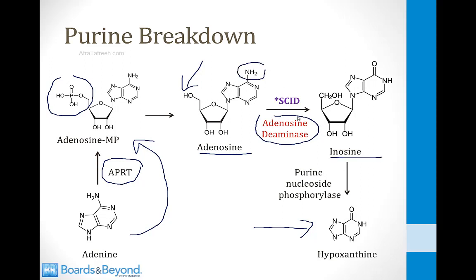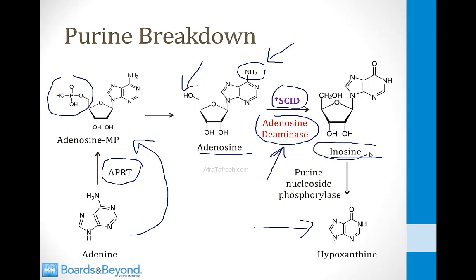A deamination reaction is a reaction where you remove an amine group, and that's what adenosine deaminase does. The reason adenosine deaminase is an important enzyme is because it's deficient or dysfunctional in many cases of severe combined immunodeficiency syndrome. I talk about this in the immunology modules, but it's a very severe immunodeficiency syndrome, and many of these cases are caused by dysfunction of the adenosine deaminase enzyme.